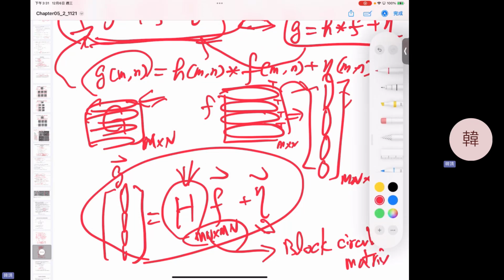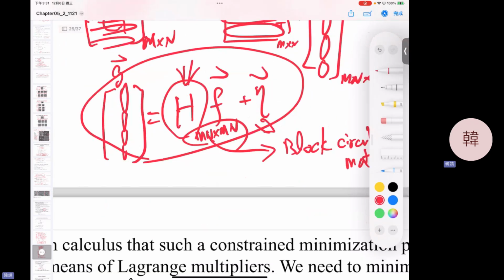Okay, so previously we had a circular matrix, but now for a two-dimensional image, we also have this format: matrix H times vector F plus vector eta for image processing. So now you can see why we can write this directly. In the spatial domain we use convolution.